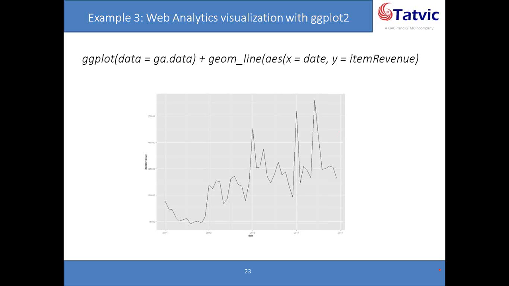So if I use the same data and create this simple thing where I run ggplot as a function and use the data as an argument, and then geom_line means which axes I'm going to have as aesthetics, with the x-axis as date and y as item revenue, I can easily plot this chart with one line of code.